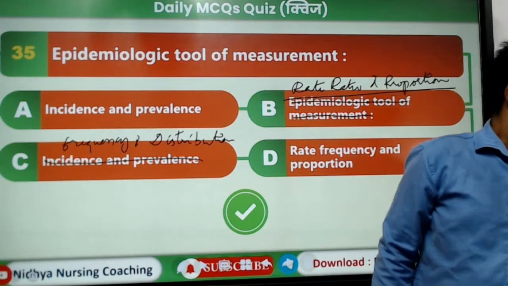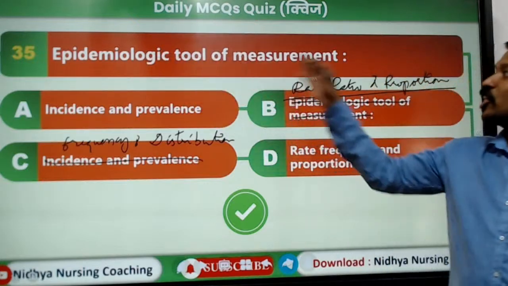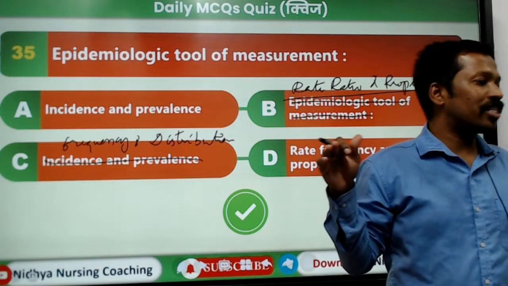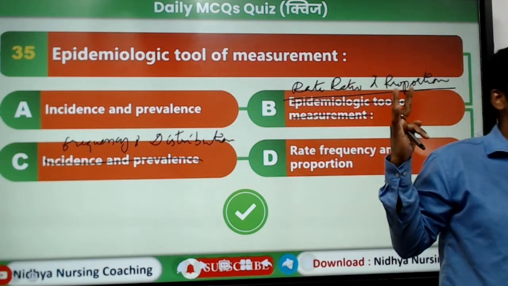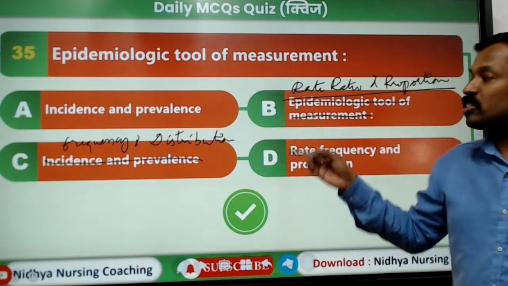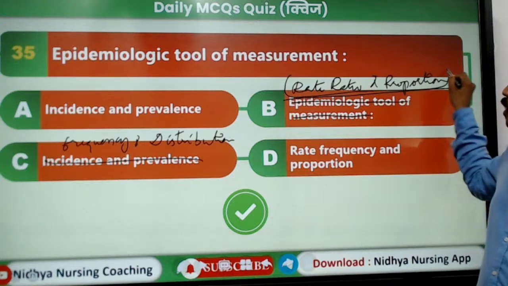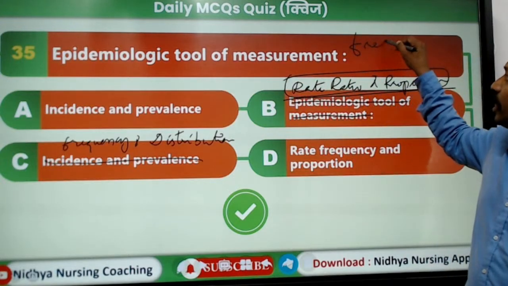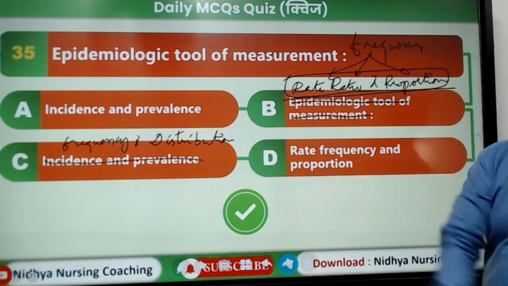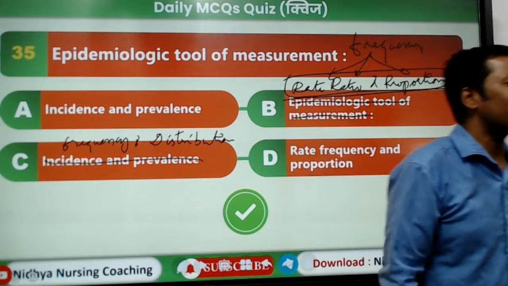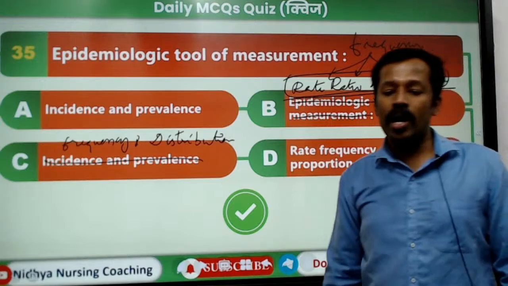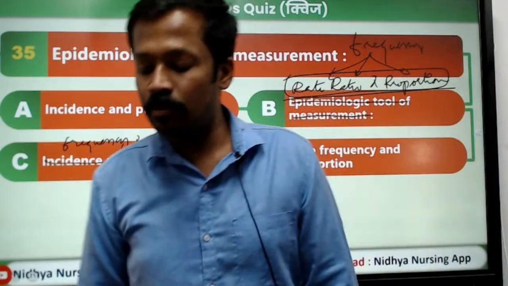Okay, fine. So coming to this question, what are the epidemiological tools of measurement? There are three tools. Which are they? Frequency. Three things come under frequency: rate, ratio and proportion are the frequency scales, which are epidemiological tools. But you write one more answer.